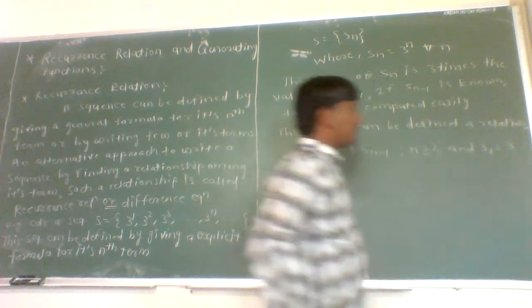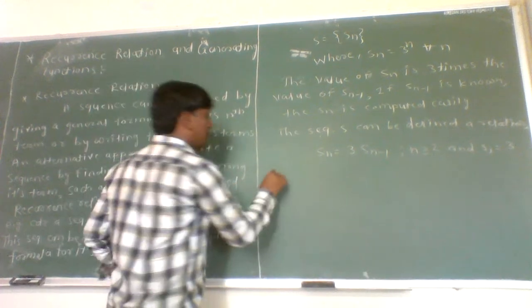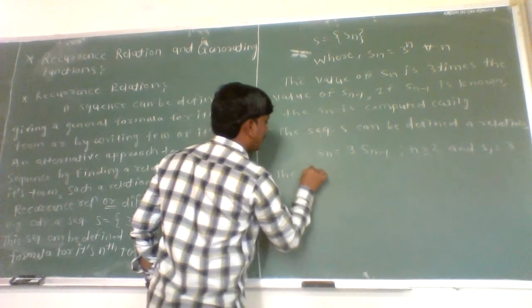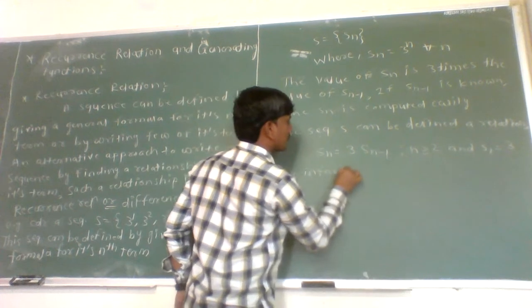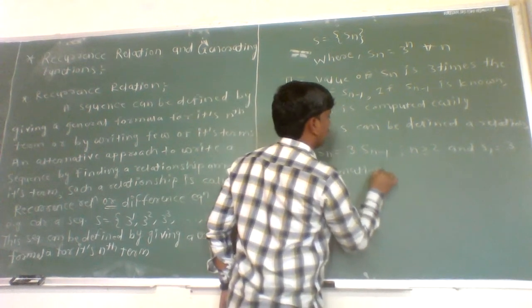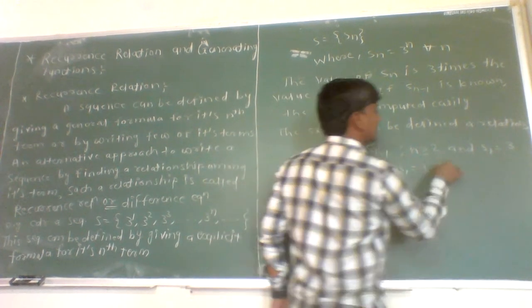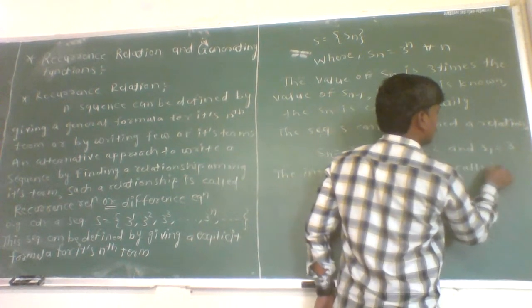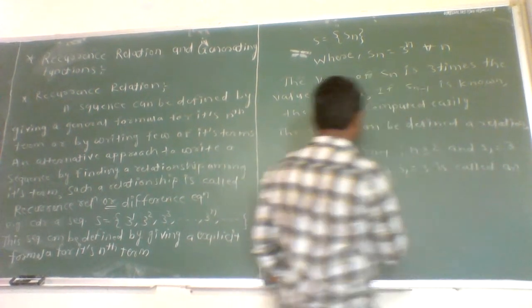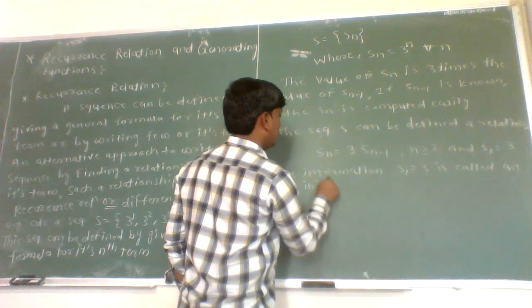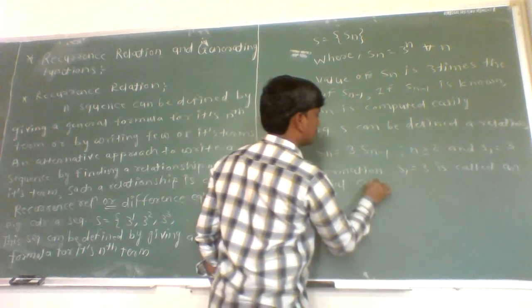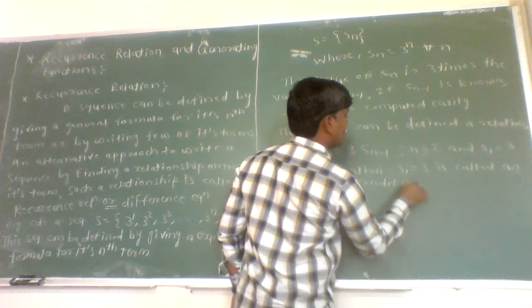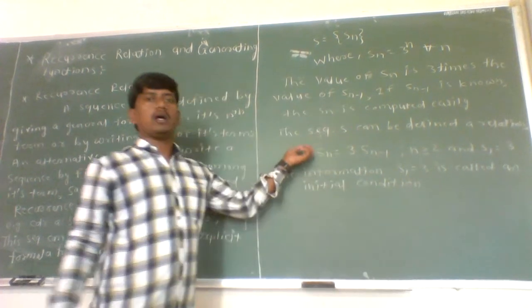The information S_1 equal to 3 is called the initial condition. Therefore, the given sequence S can be defined by this formula also.